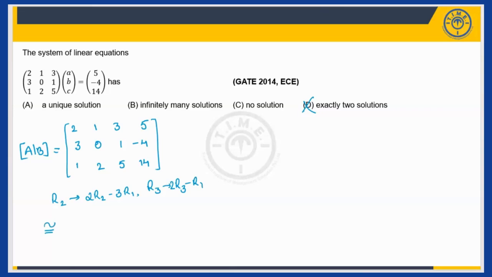Then that is equivalent to 2, 1, 3, 5, 0, negative 3, 2, negative 3, negative 1, minus 8, minus 15, minus 23. 0, and this is 4 minus 1, 3, 10 minus 3, 7, 28 minus 5, that is 23.